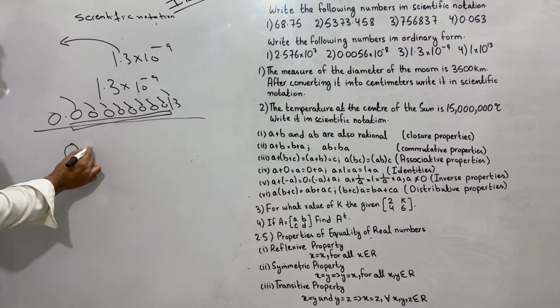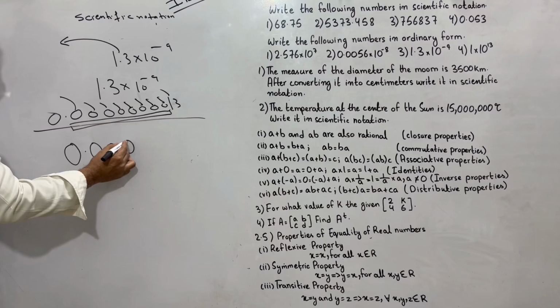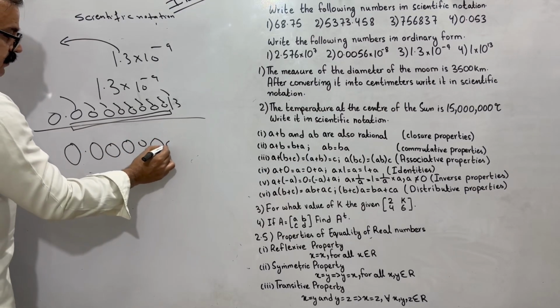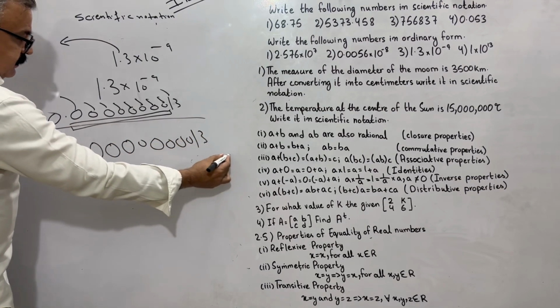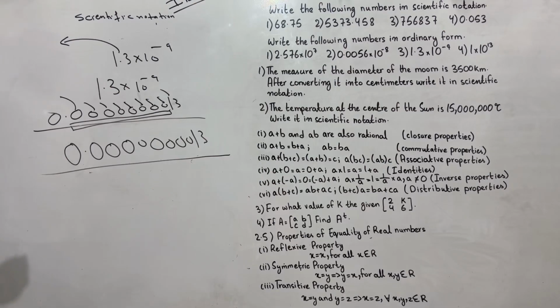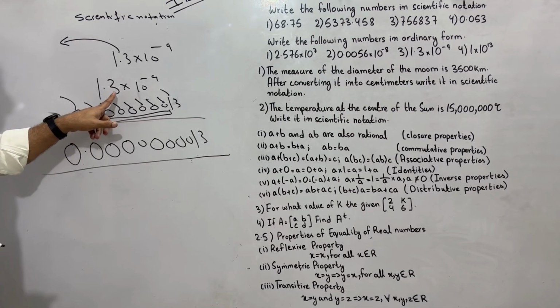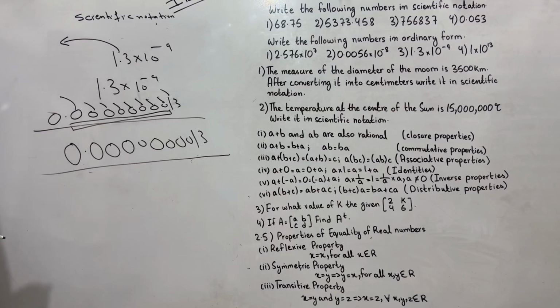So our answer is 0.0000000013. That is the ordinary notation for 1.3 times 10 raised to minus 9.